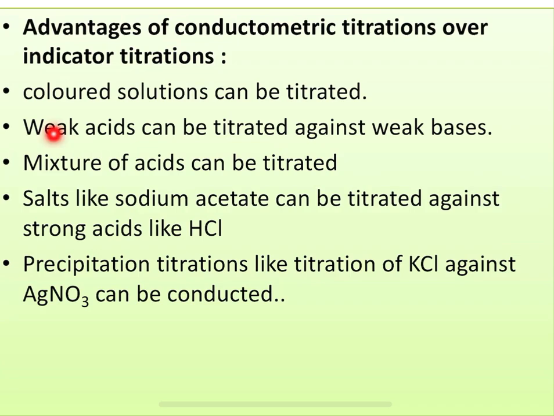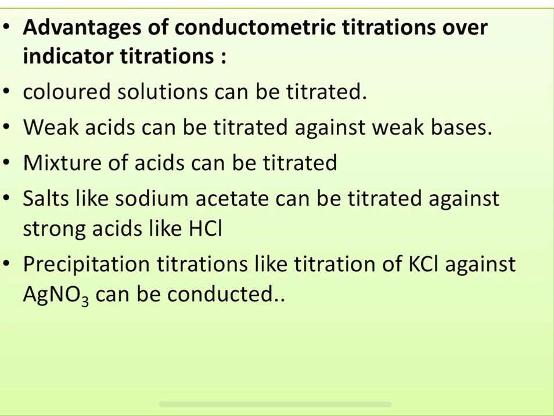The second advantage is that even weak acids can be titrated against weak bases. The reaction between a weak acid and a weak base is very poor, so we cannot perform that with indicator titrations or the conventional method, and detecting the end point is very difficult.